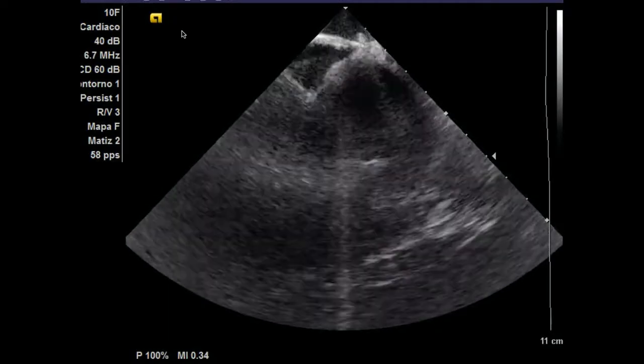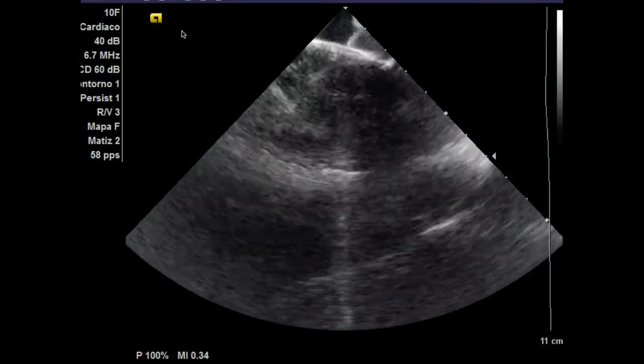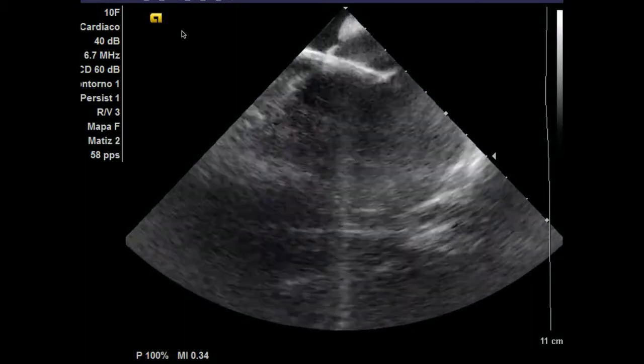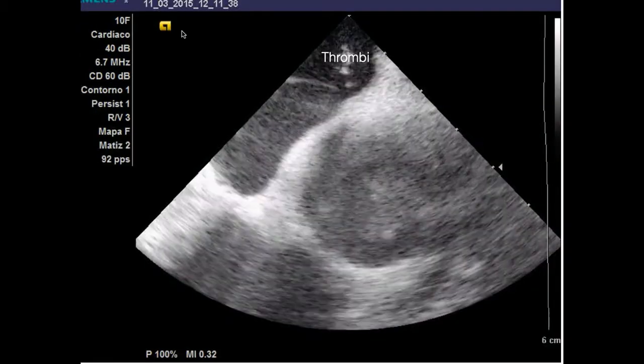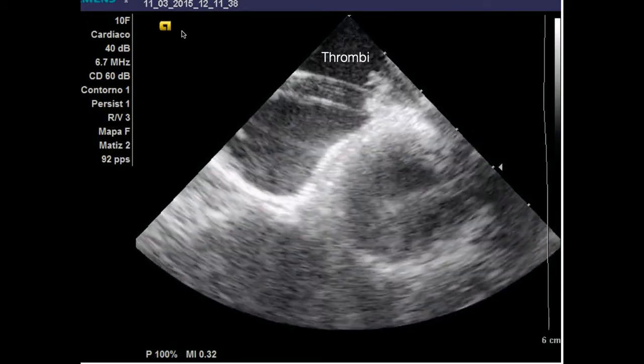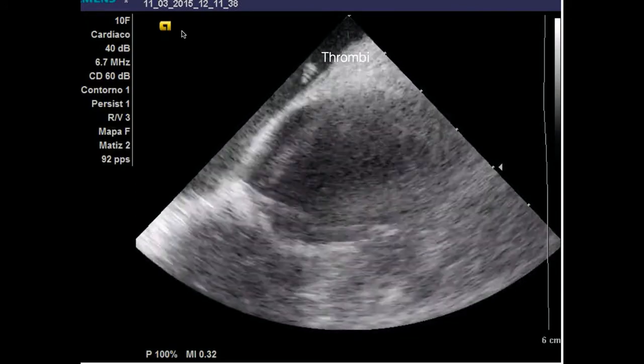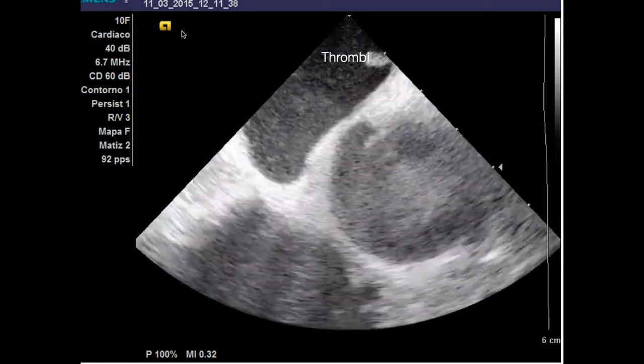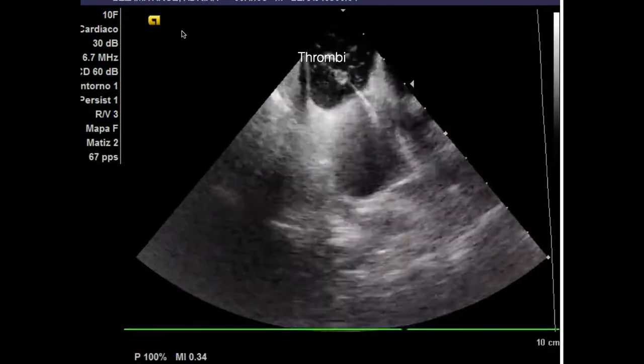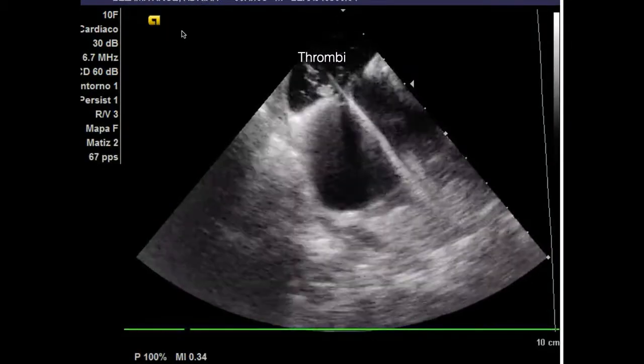And when we cross, we need to look out if there is any thrombus in the sheath. Like in this example, there is a thrombus stuck in the sheath, or it could be stuck in the wire.